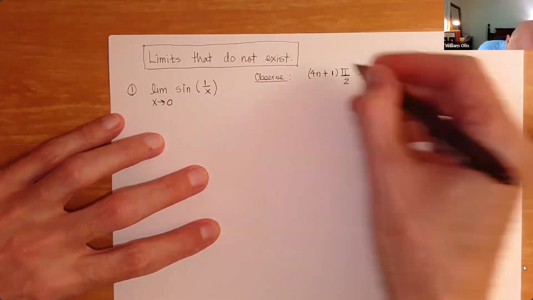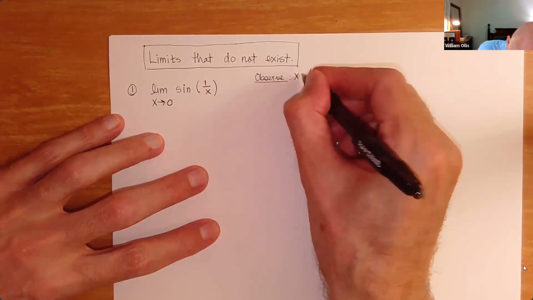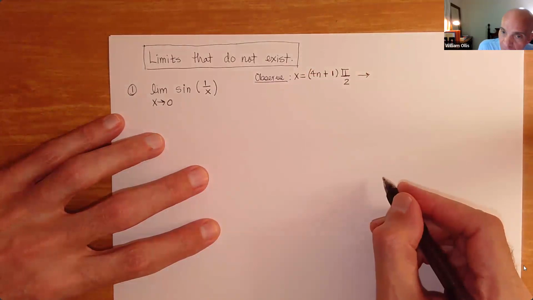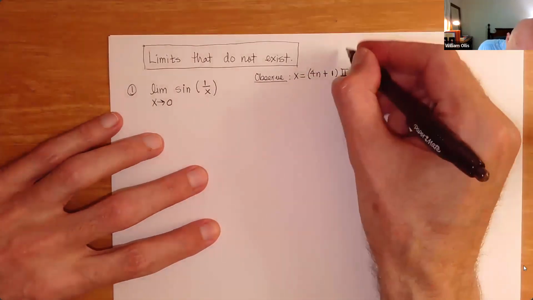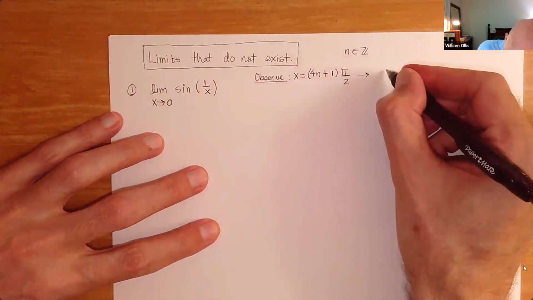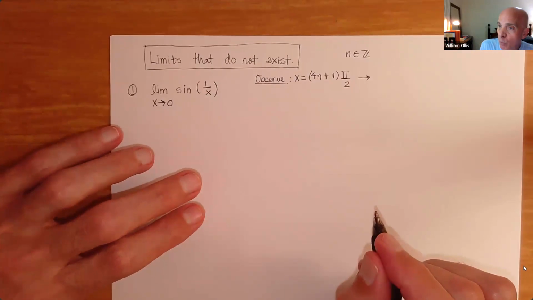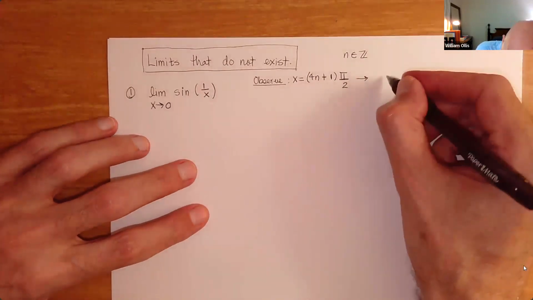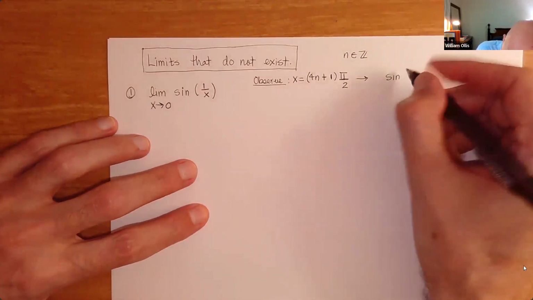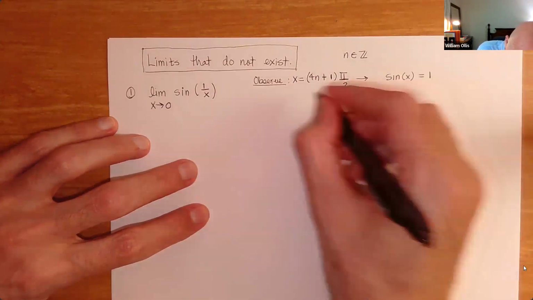This gives, and I'm just going to say in this case, x equals that value, and I'll just say n is an integer, then this gives a sine value of 1. So we'll say sine of x equals 1.